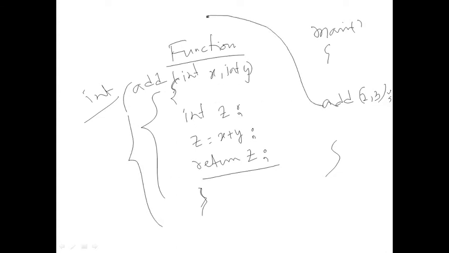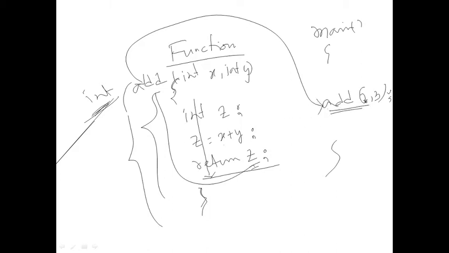So this add will call this definition, and these instructions will be executed by the compiler, and z, as the result of x plus y, will be returned, because we mentioned that this function will return an integer, and it will be returned to this place. So our task is over. The result 5 is returned in place of add.